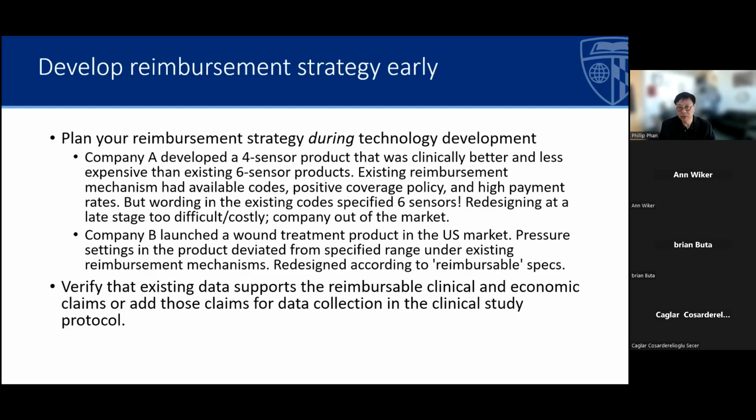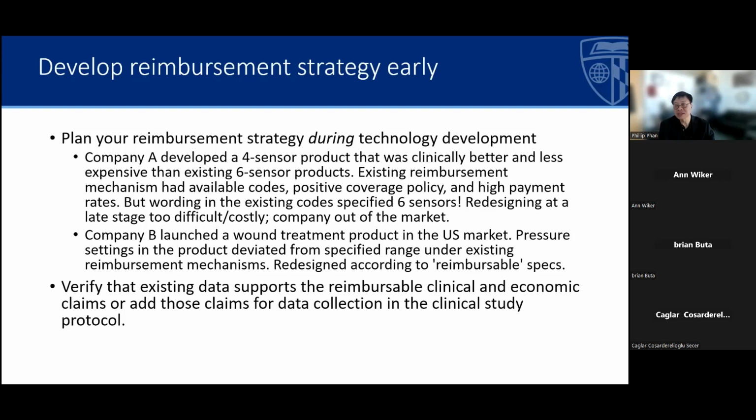Here's an example. Without naming it, there's a company that developed a force sensor product. The product is clinically better. It is less expensive because it uses 4 versus 6 sensors, which is the current industry standard. The existing reimbursement mechanism had all the codes, and they were paying good money. But they couldn't get reimbursed because in the existing codes, the coverage actually specified 6 sensors.